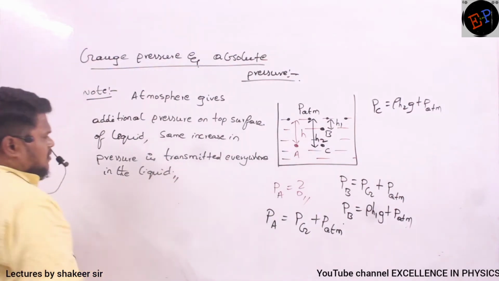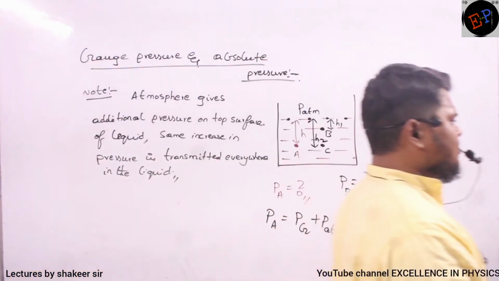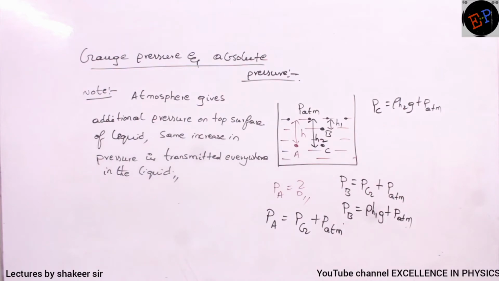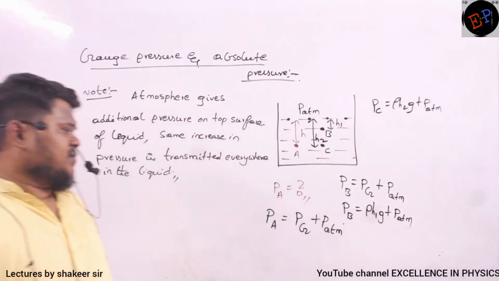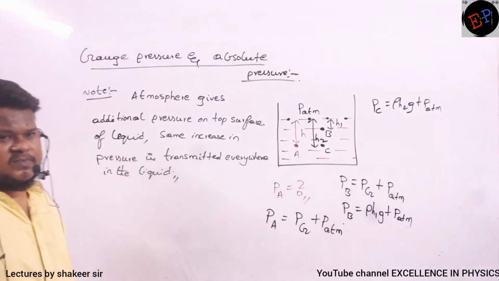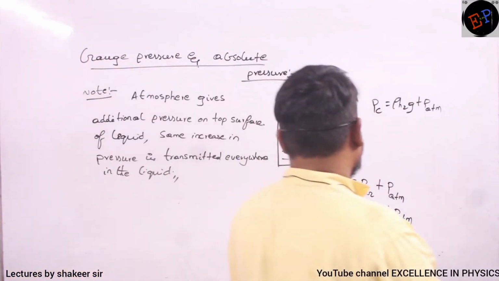Able to understand? At one point we are increasing the pressure, so the same increase of pressure is transmitted everywhere in the liquid. That is called the concept of the second statement of Pascal. Is it clear?